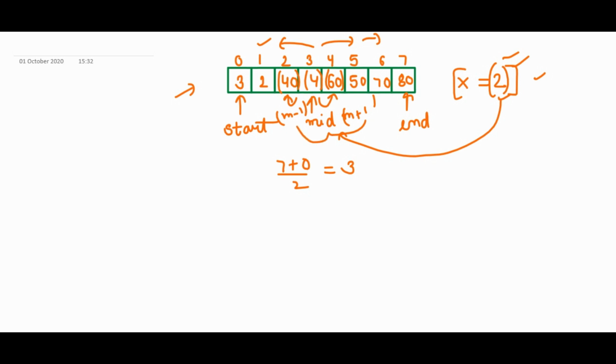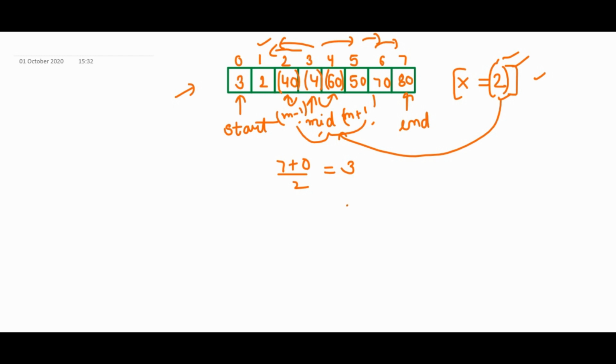Otherwise, if the element is greater than the mid element, then as we know the array is sorted to some extent, we will go on the right side because greater elements are on the right side. Otherwise, if the current element is less than the mid element, we have to go left because smaller elements are on the left side. And there is one more advantage: as we have checked with mid plus 1 and mid minus 1, we can directly move to mid plus 2 and mid minus 2.